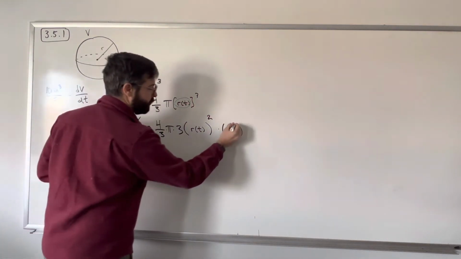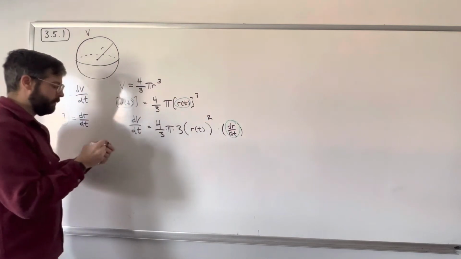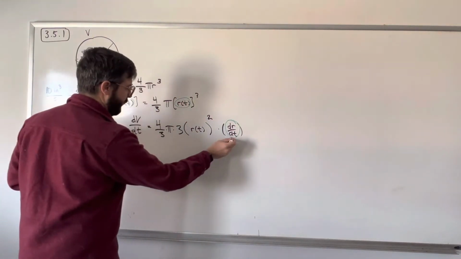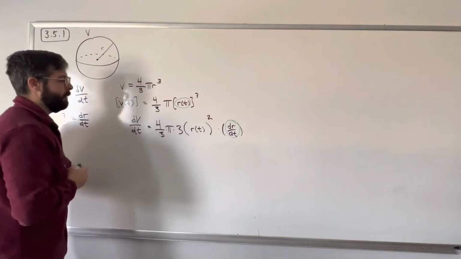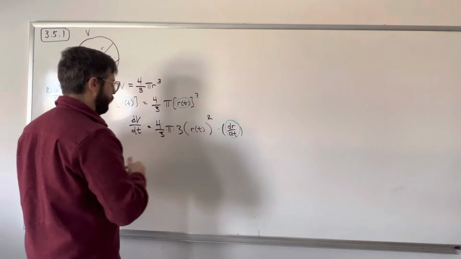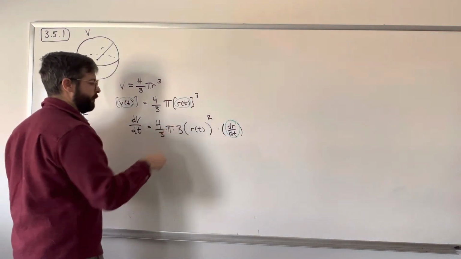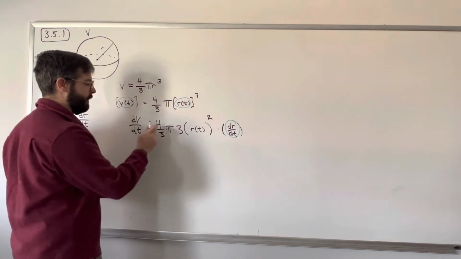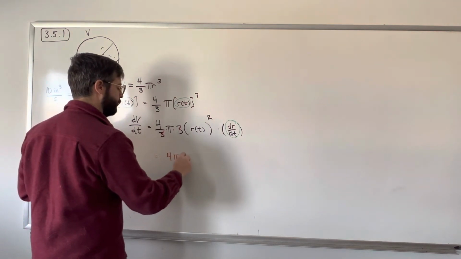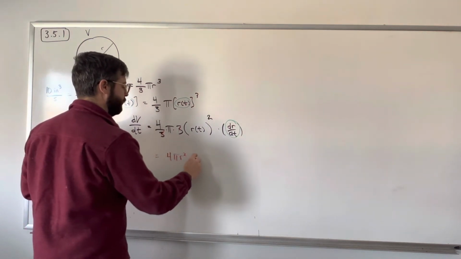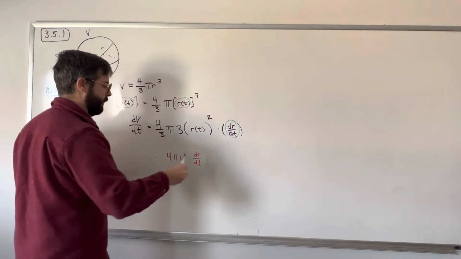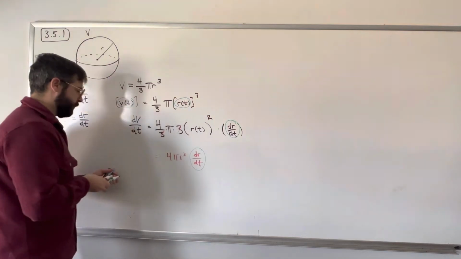A lot of students will circle this part, just so we don't get lost in the notation, and to know you're solving for that. You want to know how fast the radius is changing. So simplify as best you can. The 3's cancel, and you get 4π r squared times dr/dt equals dV/dt.